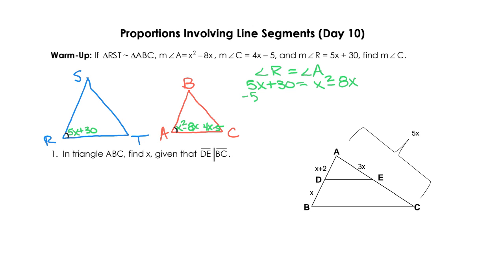So I'm going to go ahead and subtract my 5x and bring it this way because I want to keep my x squared positive. I'm also going to go ahead and take my 30 and subtract it over as well. That way these terms are gone, and I'll have everything on one side and 0 on the other side. So I have an x squared. Negative 8x minus 5x is negative 13x, and then minus 30. And I have nothing on the other side, so I'm going to put my equal 0 on this side.